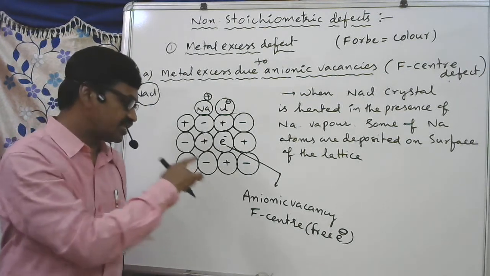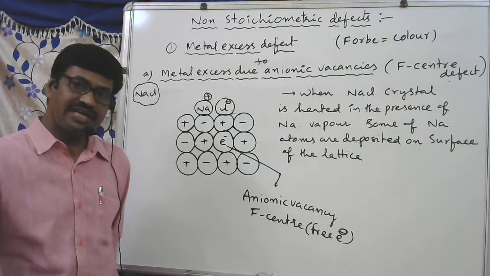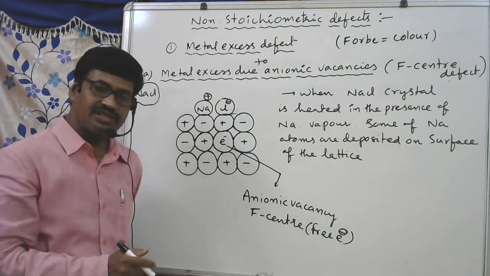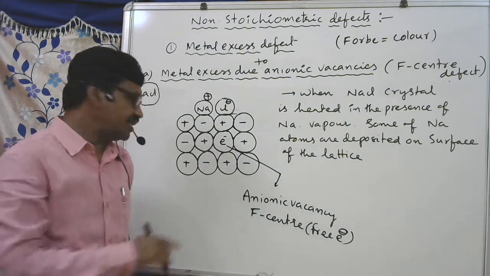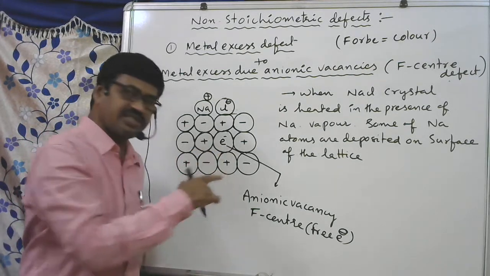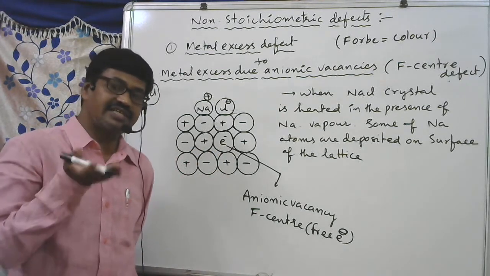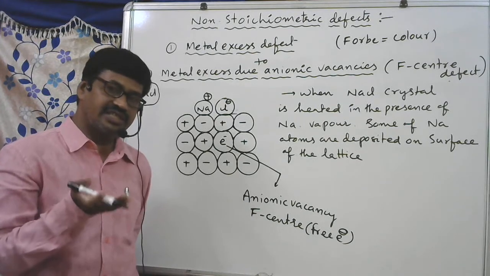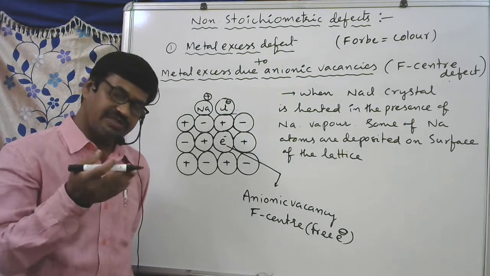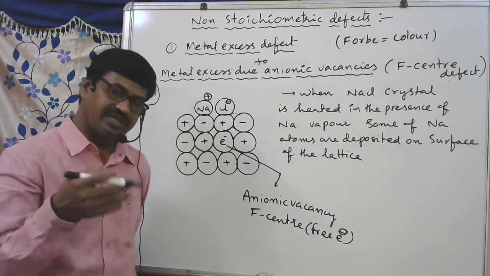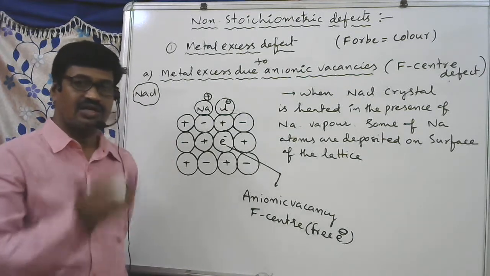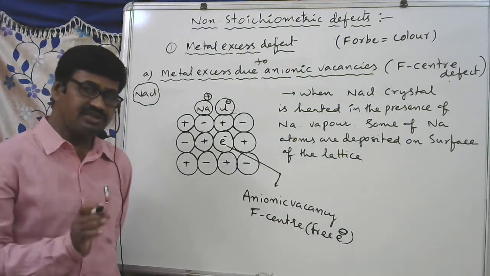Due to this only, it can show yellow color. Whenever light falls on the sodium chloride crystal, by absorbing that light, the electrons present in F centers get excited. Due to that excitation, it emits some energy. That emitted energy appears as yellow color. So this is the reason.